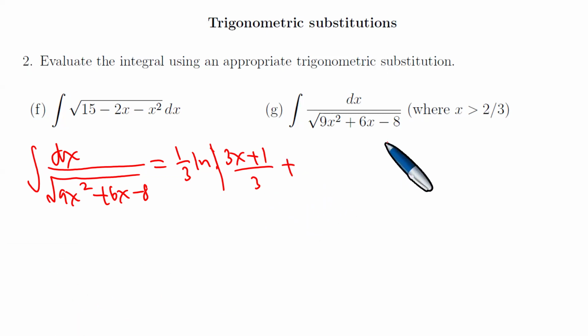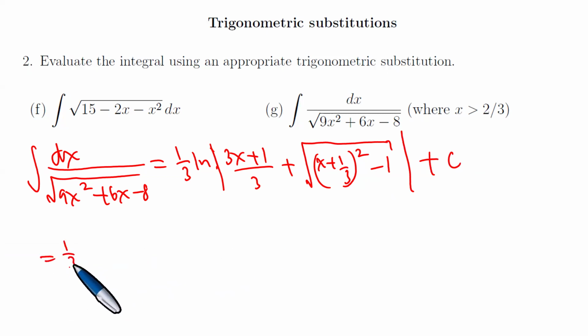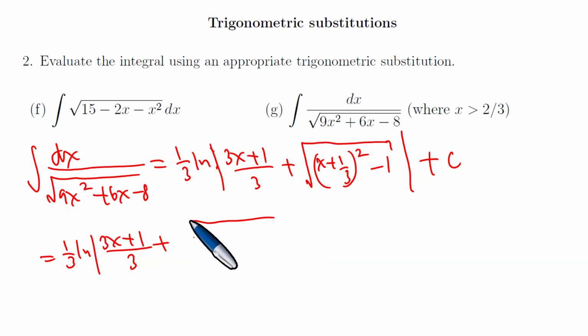So this is plus the square root of the secant squared, which is x plus 1/3, you square it, minus 1, and then you add c. But this is 1/3 the ln of 3x plus 1 out of 3 plus, then you can write this x plus 1/3 the way that they wrote it, because I want to make sure it looks exactly like what they've given there.